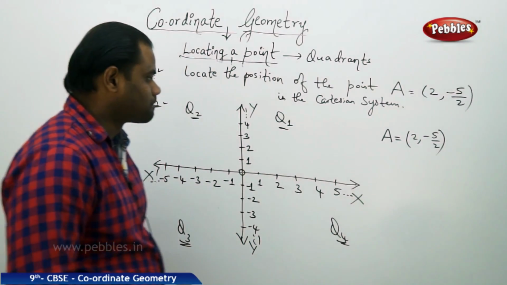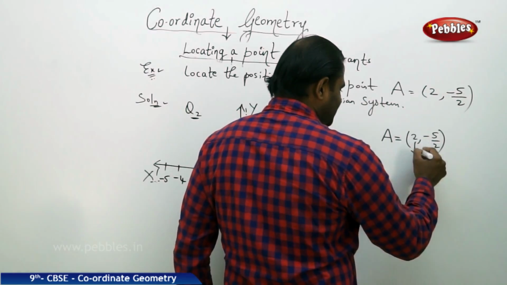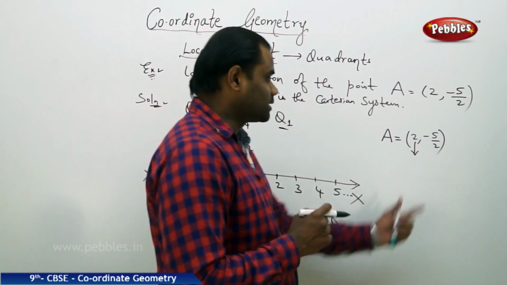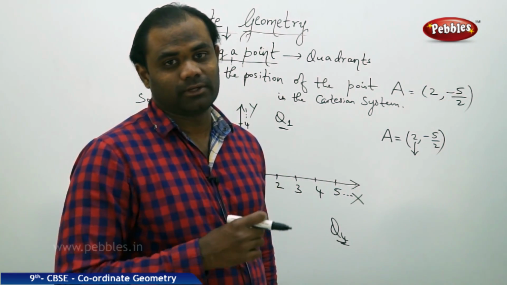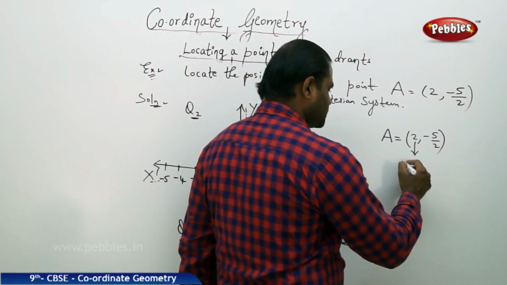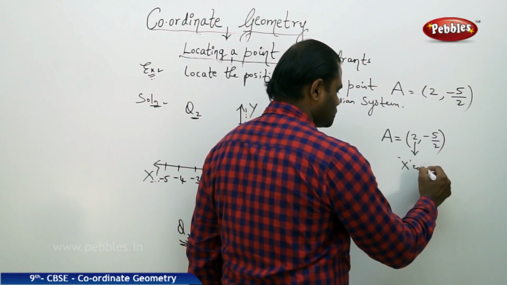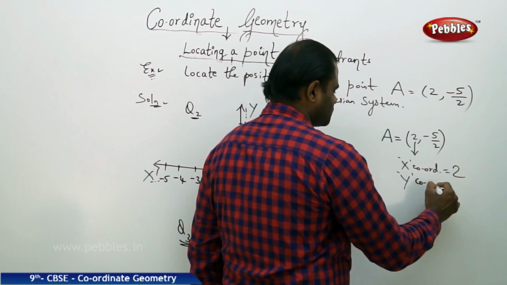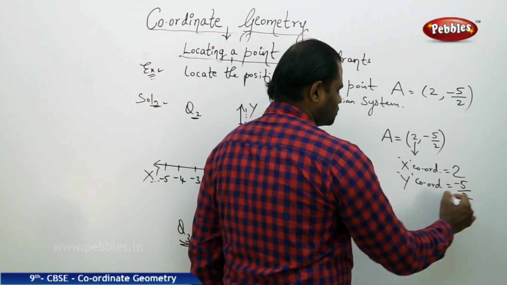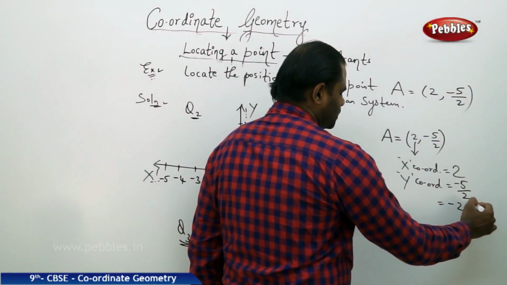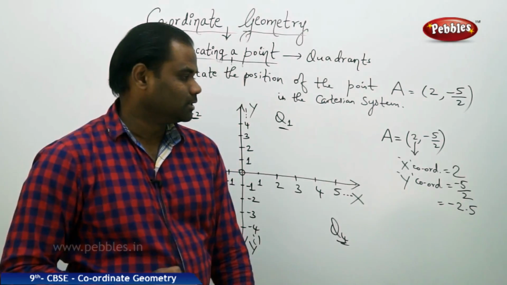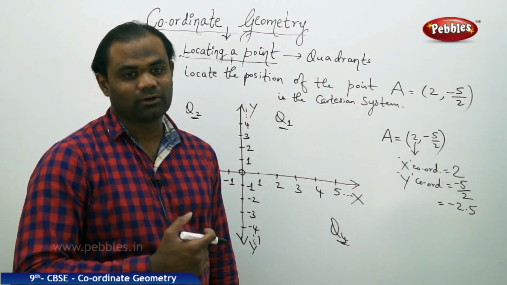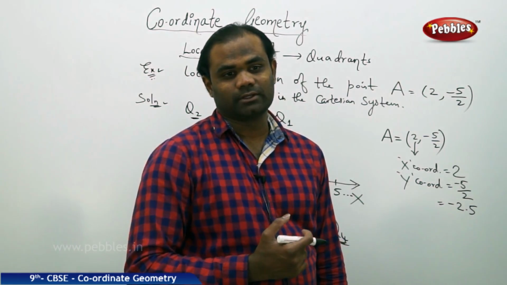Now with this, we also know that the first value of the given point refers to x coordinate and the second value refers to the y coordinate. So here my x coordinate is 2 and my y coordinate is minus 5 by 2, which is in decimal form negative 2.5. Converting to the decimal form, minus 2.5 is my y coordinate, 2 is my x coordinate.